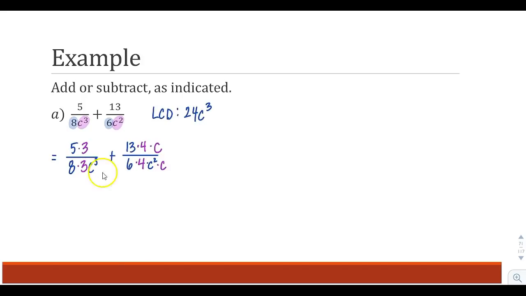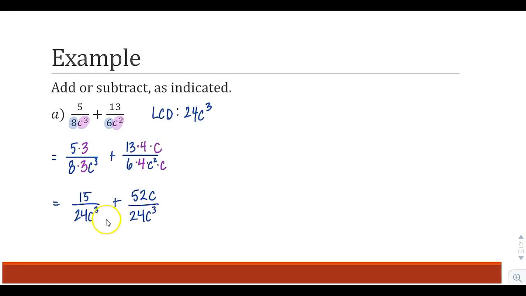And now these do have the exact same denominator. If I go ahead and multiply everything out, I have 15 over 24c cubed plus 13 times 4 is 52 times c all over 24c cubed.